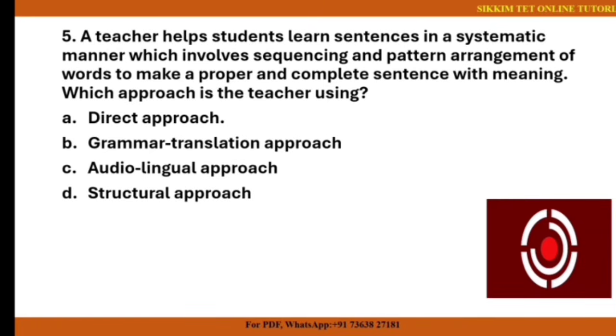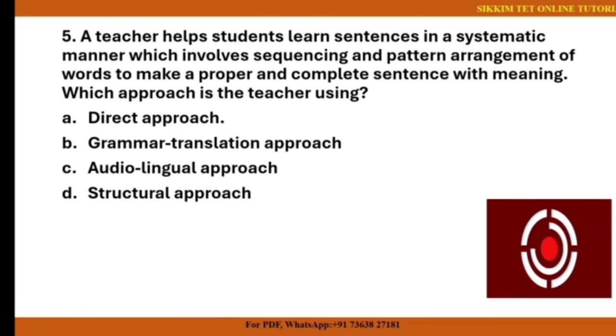So grammar translation approach also does not focus on sentence and pattern arrangement. जुन चाहिँ क्वेसनले सोधिरहेको छ, क्वेसनमा के भनेको छ भन्दाखेरि चाहिँ इट इन्भल्भ्स सिक्वेन्सिङ एन्ड प्याटर्न एरेन्जमेन्ट भन्दैछ. बट ग्रामर ट्रान्सलेसन अप्रोचले चाहिँ इट डज नट फोकस अन सेन्टेन्स एन्ड प्याटर्न एरेन्जमेन्ट. सो दिस इज नट द करेक्ट एन्सर.